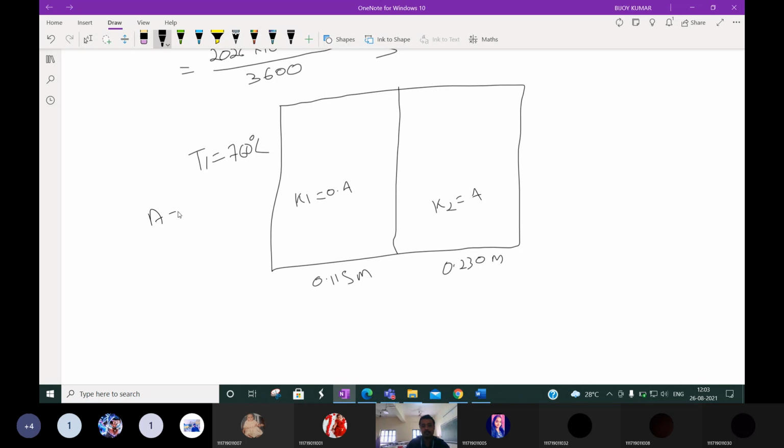Area is given 1 meter square. T2 is given 77 degrees centigrade. And Q we calculated as 2026 kilocalorie per hour. In the second question, you are asked to find the interface temperature. Okay, how to calculate?